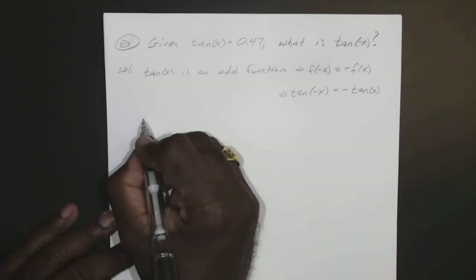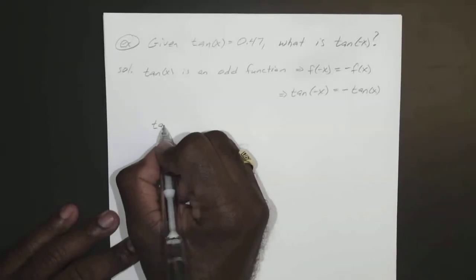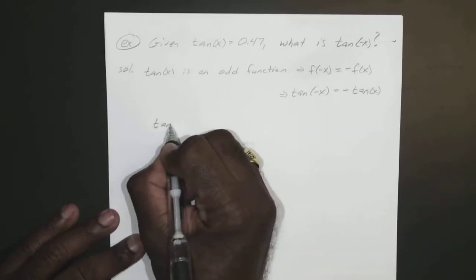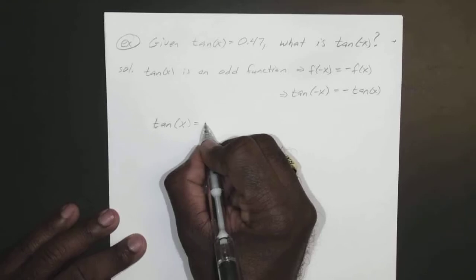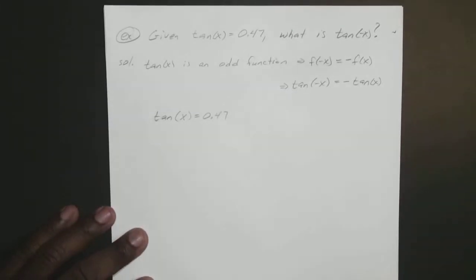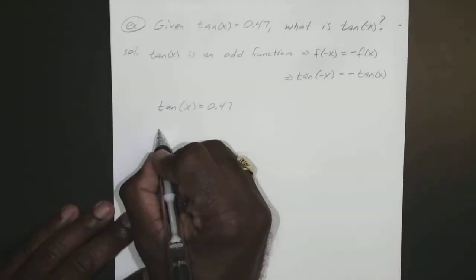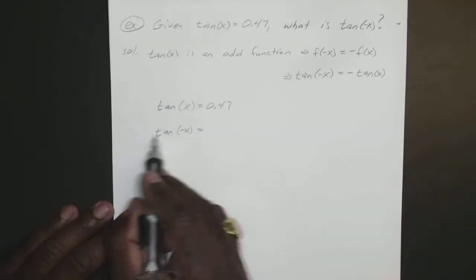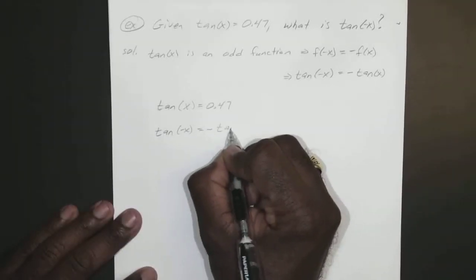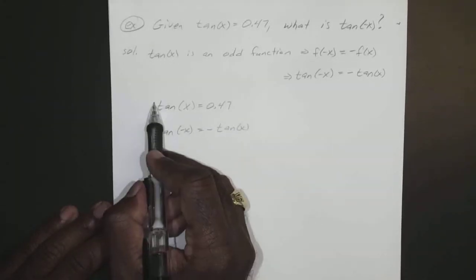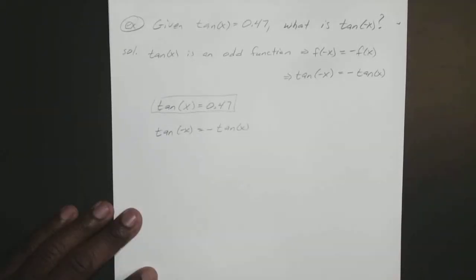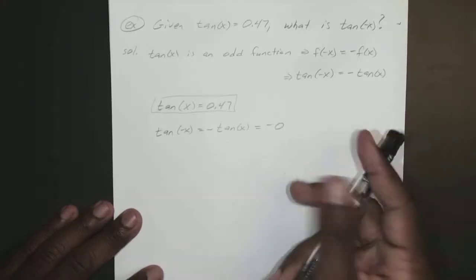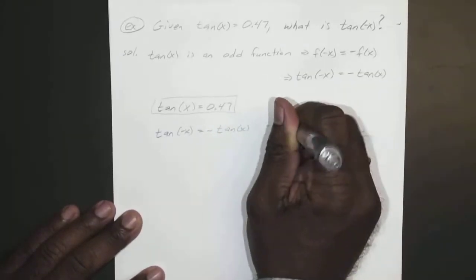Okay? So that means if you have tangent of x equals 0.47, tangent of negative x, which we know just comes right out to the front, is negative tangent of x, and we know that tangent of x is 0.47. So that's equal to negative 0.47. Actually, let me rewrite it underneath it.